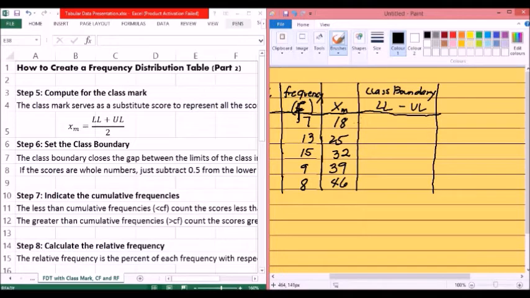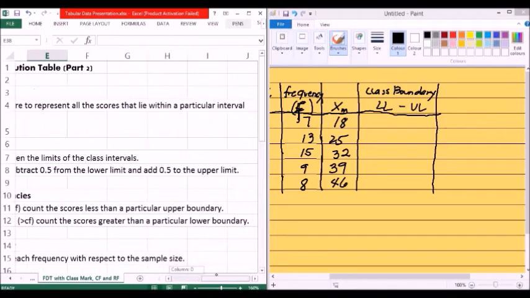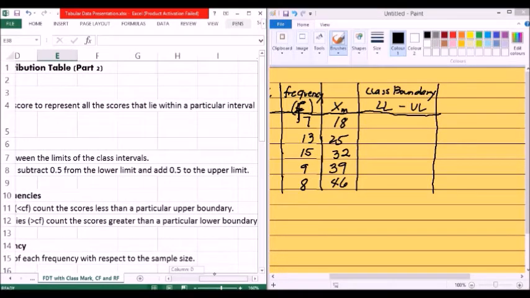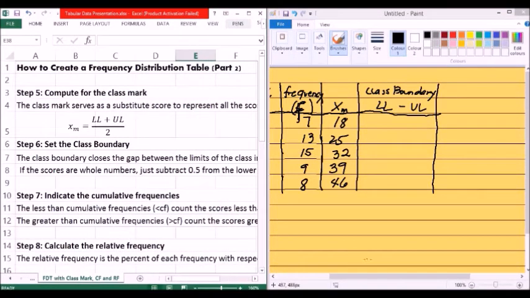The class boundary closes the gap between the limits of the class interval. So if the scores are whole numbers, just subtract 0.5 from the lower limit and add 0.5 to the upper limit.